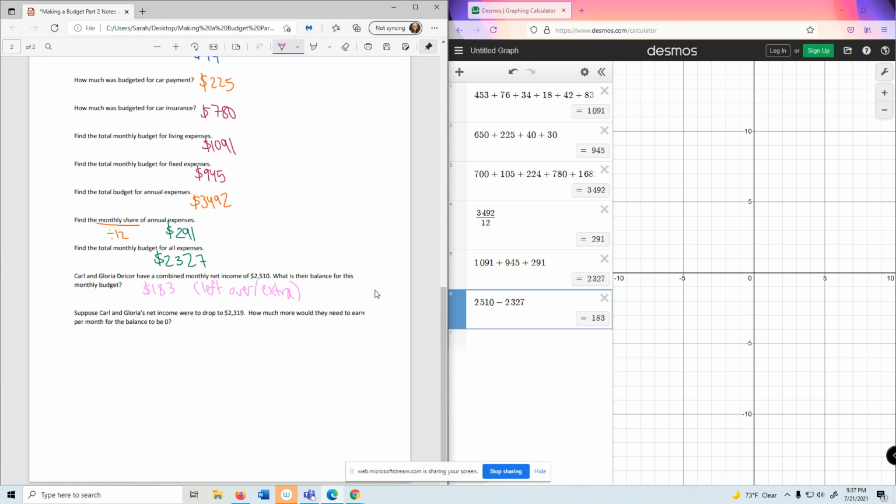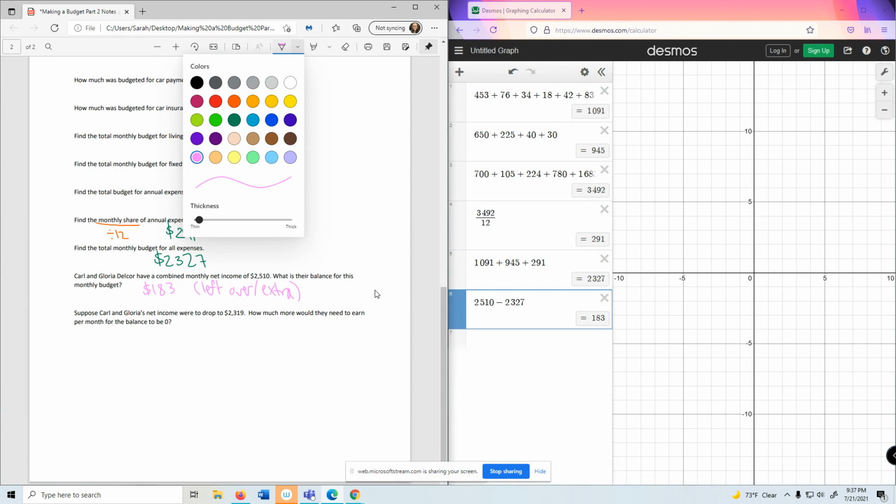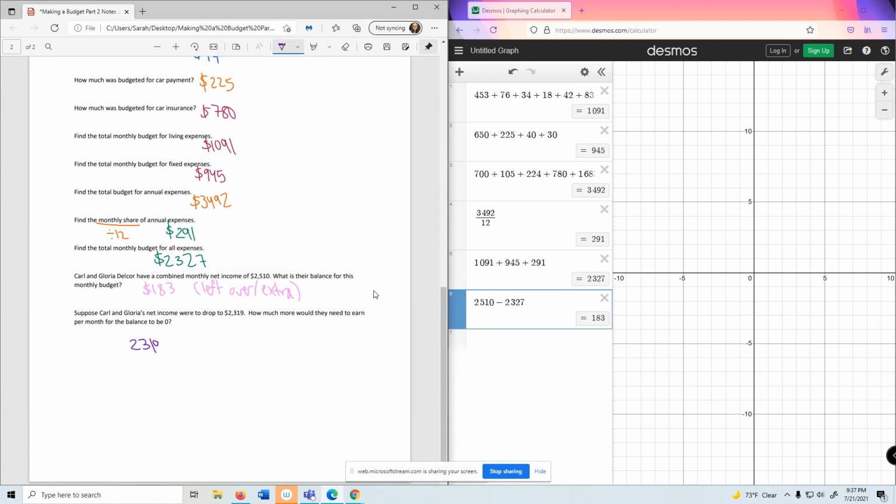Next question. So reset. Now their net income is 2,319. What happens if their income drops to 2,319, and what would it take for their balance to be zero? So we're thinking the new net income minus our total expenses from before, which was 2,327.